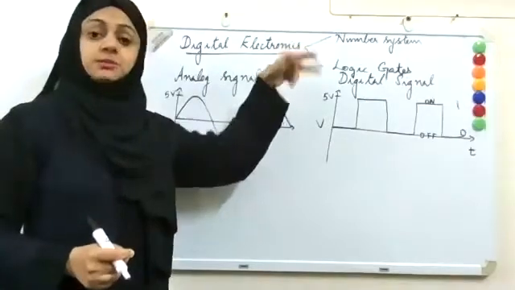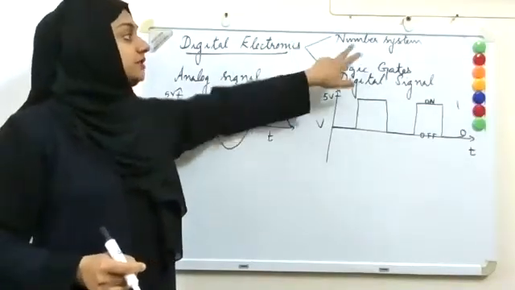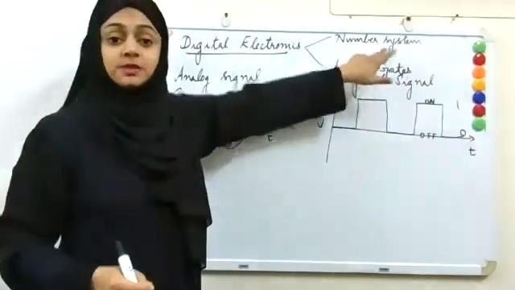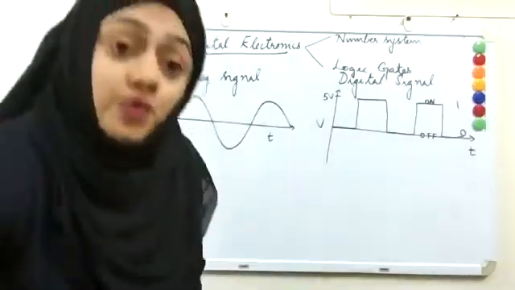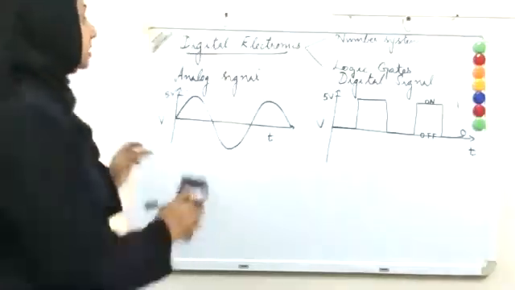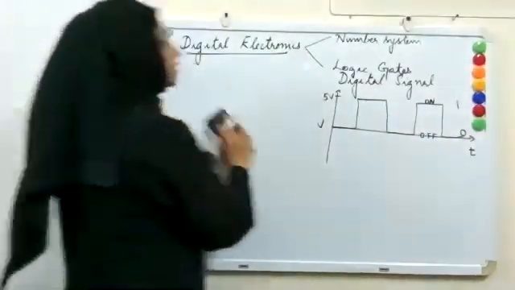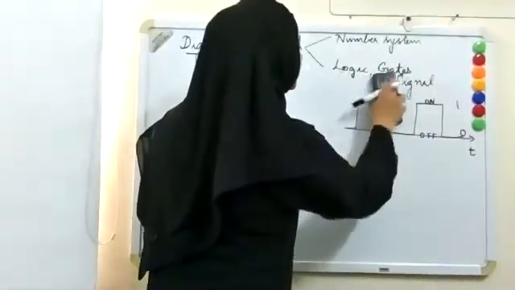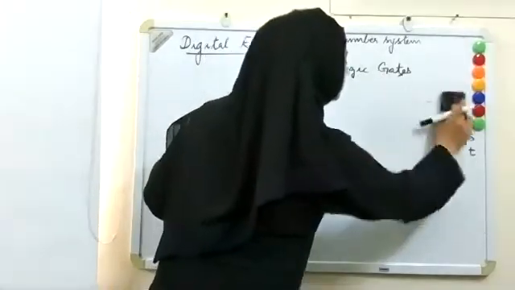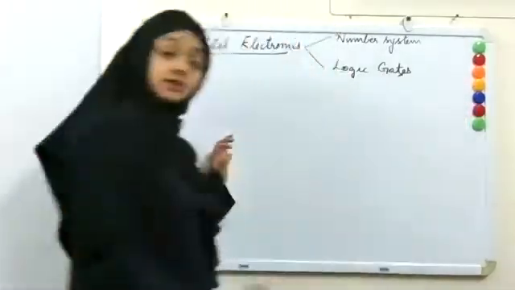So number system and logic gates. Today we will deal with number system. We will be discussing 4 number systems. So let us see what are those 4 number systems. Maybe you have some idea about them. What are the different number systems you have learned?